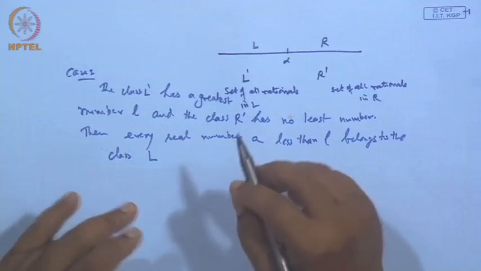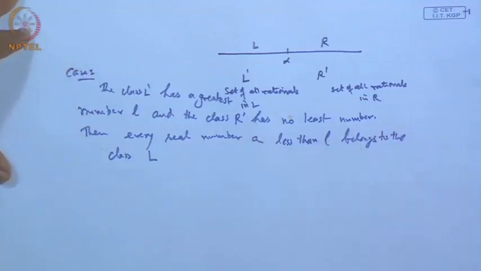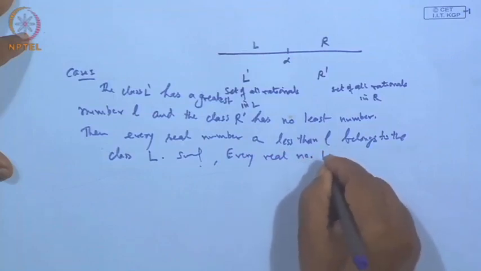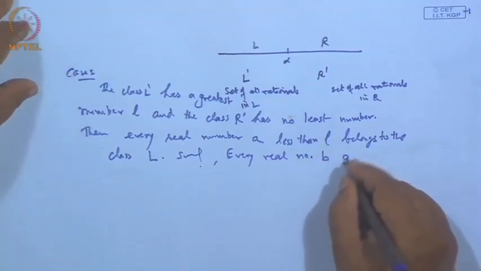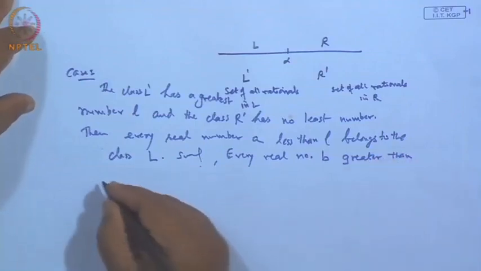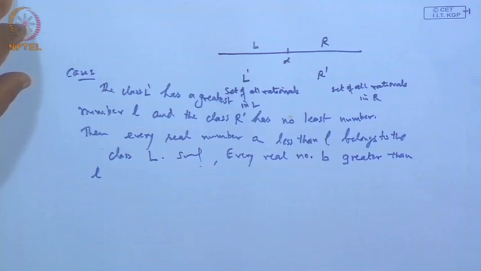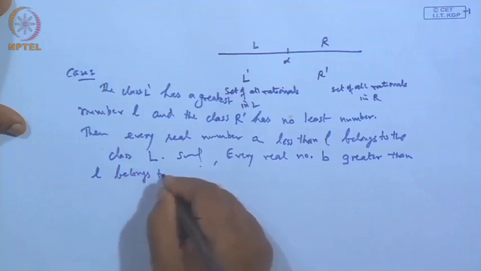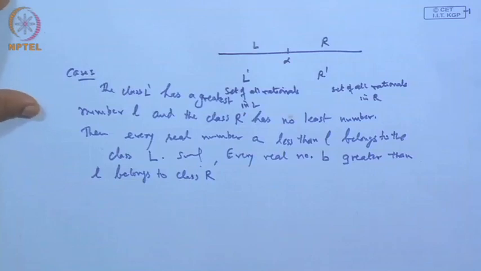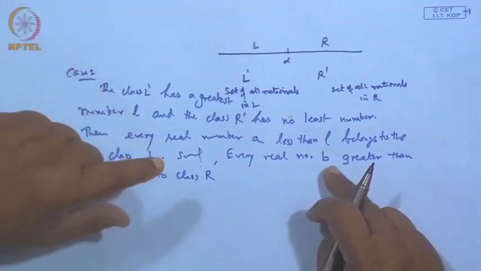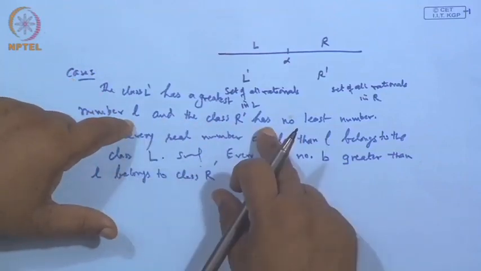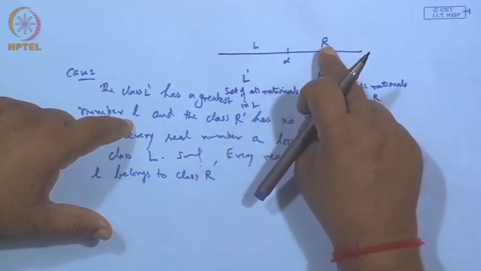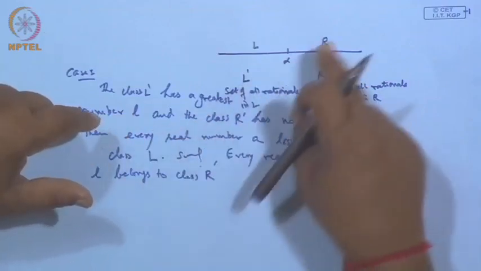Similarly, every real number B greater than L belongs to the class R. Again the same thing: if B is a rational point, then because it is greater than L it must be in R dash, so obviously it will be in R. If it is not rational, then we can choose all the numbers greater than L, which will come over here.